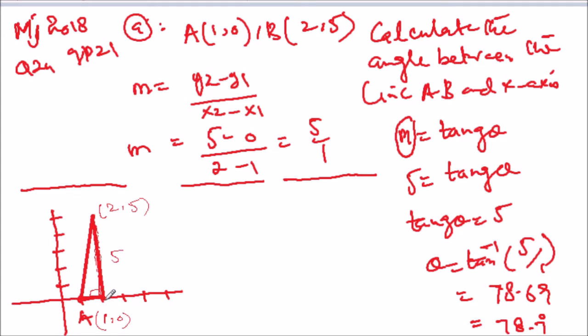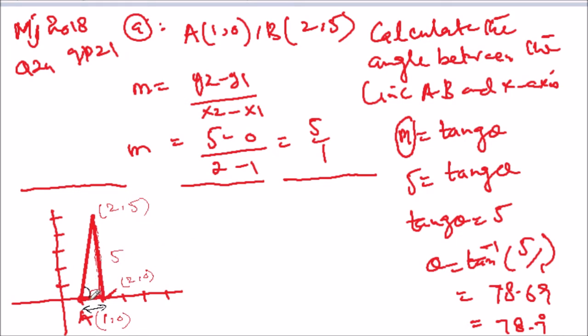What is this side here? If you take this point, it's 2 and 0. So look at this length. This is 2, this is 1. So this length is how much? This length is 1. This length is 5. So this angle is required here.